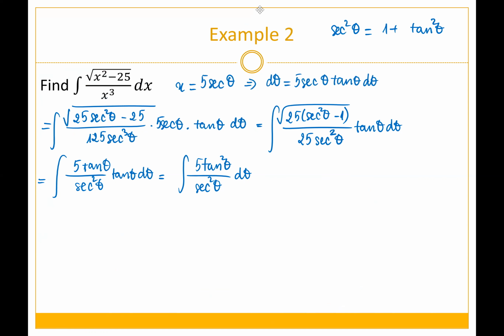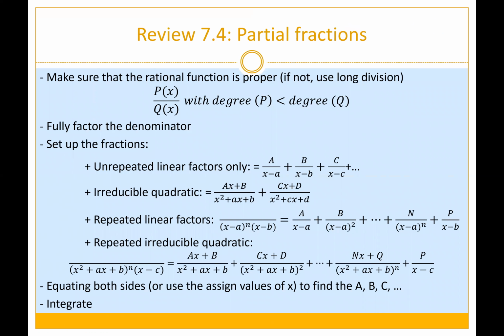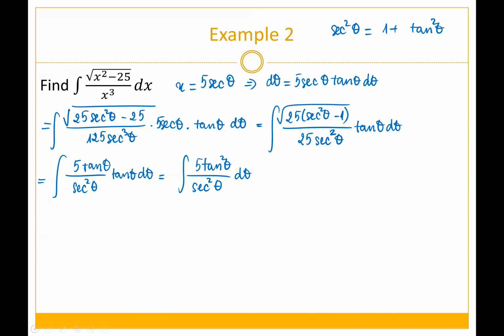Okay. So yeah, I'll rewrite these things, make it easier to read. Oh, the step before that. Okay. The step before that is, okay, so you have 5 secant theta. So I'm gonna cross this one out and cross this 5 out so that you know the fact that we cancel it out. Okay.